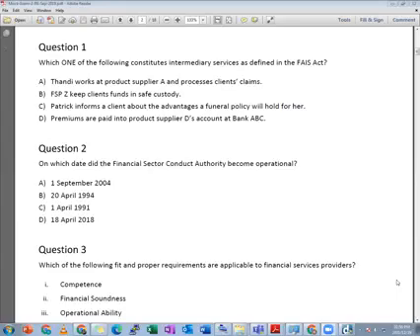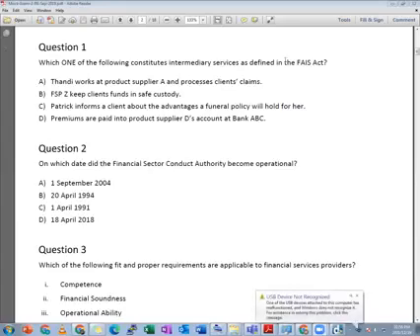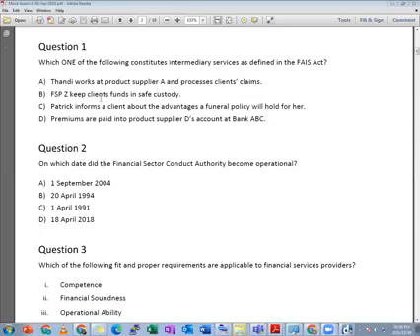It can be being an intermediary between the product supplier and the client, processing claims on behalf of the client, or accounting for premiums. If you attended the class and you know the information, then this is going to be easy for you to answer.